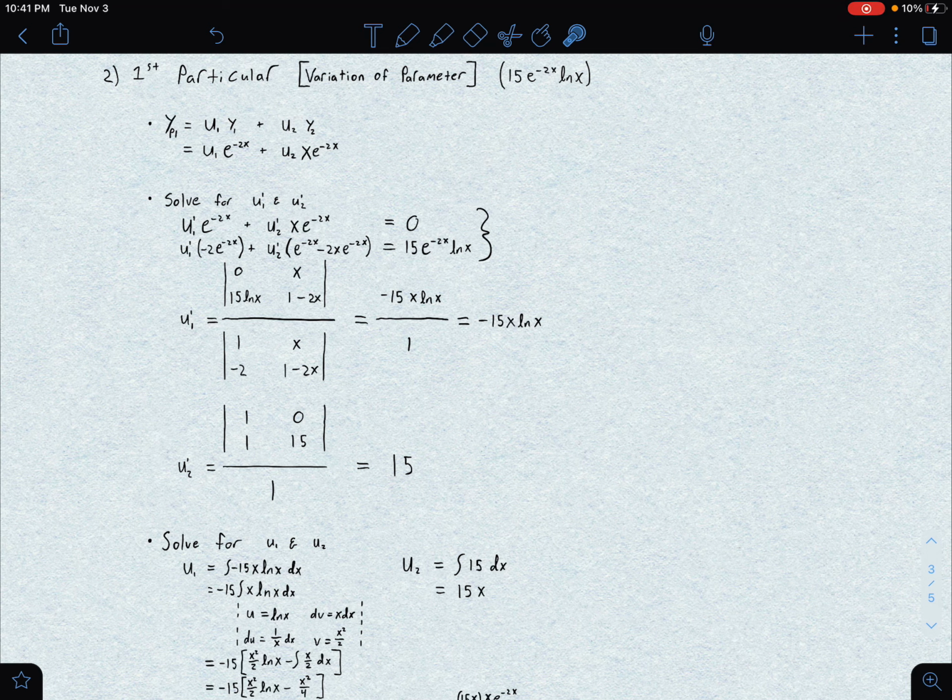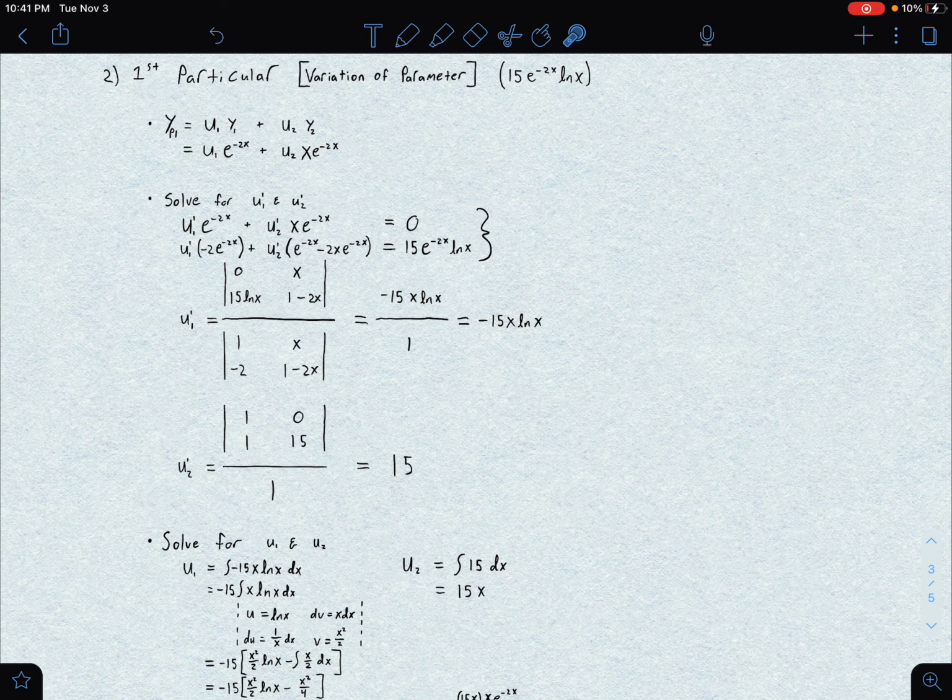But first, we have to solve for u1 prime and u2 prime using this system of equations, which comes from our constraint, the top equation, which we used to get to this equation, which is equal to our partial forcing function.